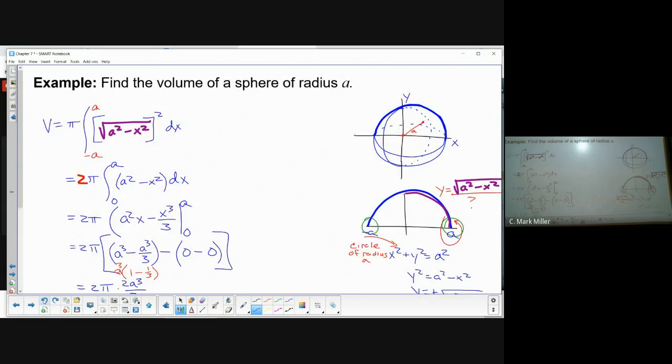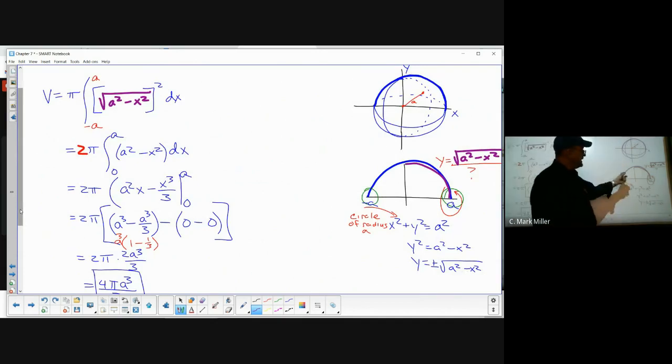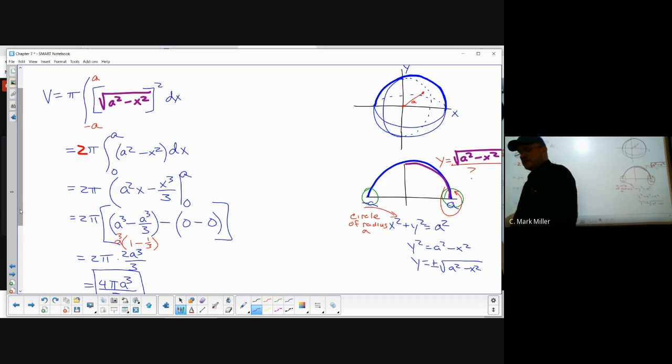So it's the setup. It's getting yourself ready to apply the disk method that took the time here. So you had to figure out what function it was. You had to know the equation of a circle, which is a 10th grade geometry problem.